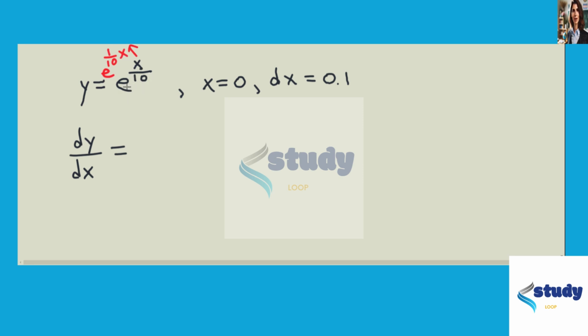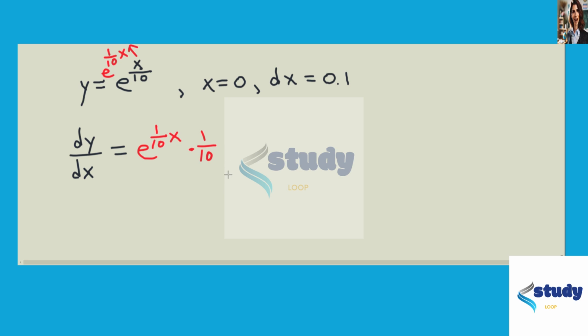If you want to take the derivative of e to the 1/10 x, the derivative of e to the u is e to the u. And then we have to take the derivative of u with respect to x. We're using the chain rule. So the derivative of u with respect to x, the derivative of 1/10 times x, is just 1/10.